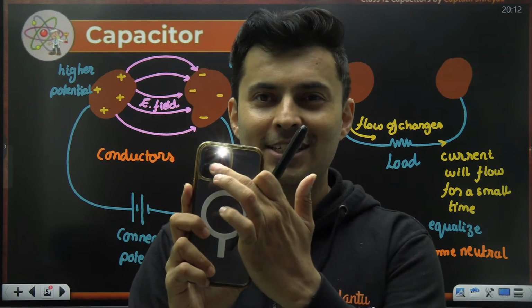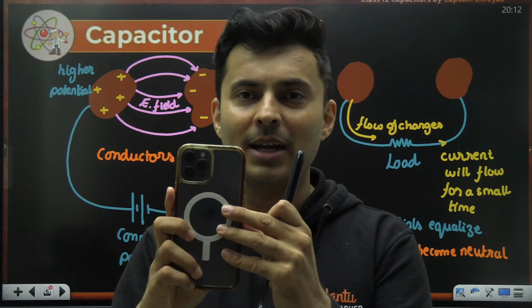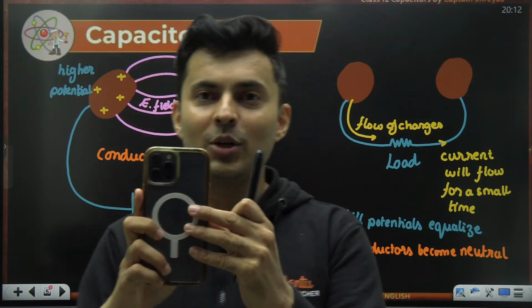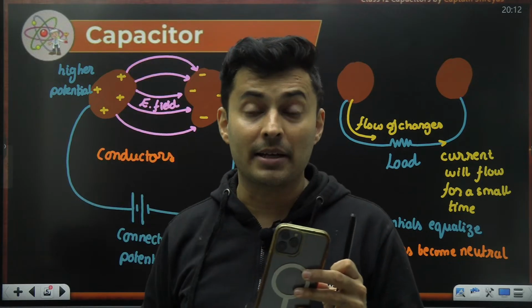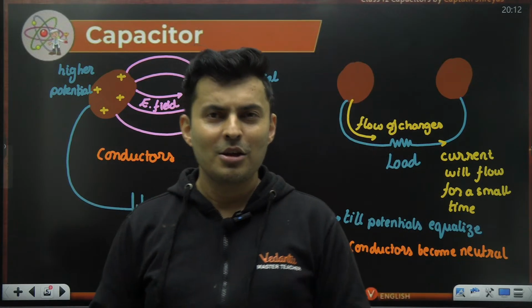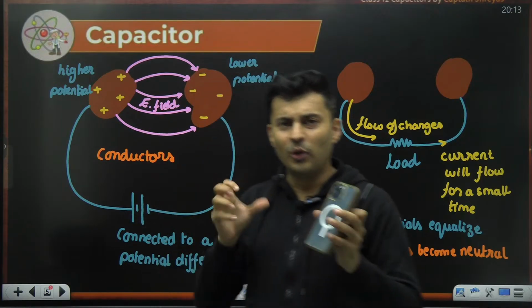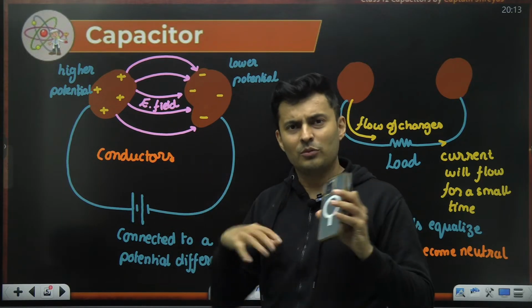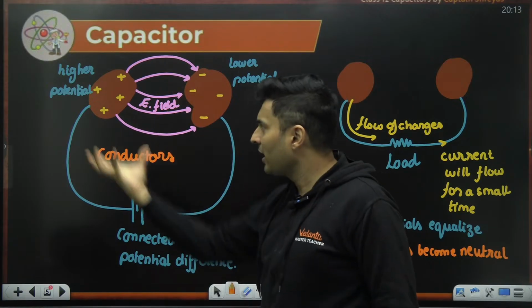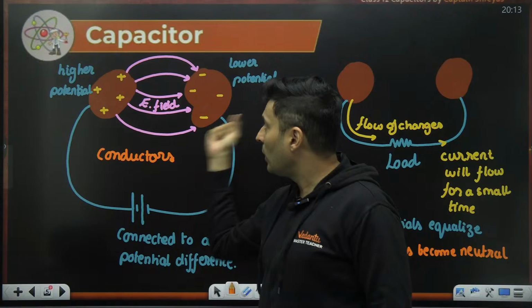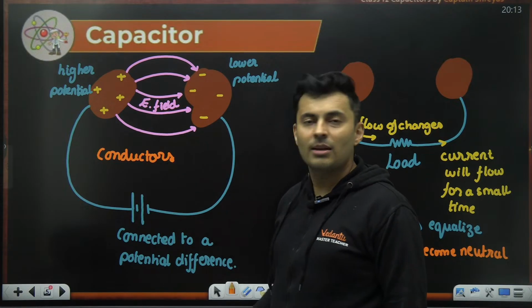Yes, this flash comes for a small amount of time when you are taking a photo, and it goes off with a sudden big burst of light. There is a capacitor. Before your camera is ready to turn on the flash, there is a capacitor inside which is storing a lot of charge and energy in its conducting plates.